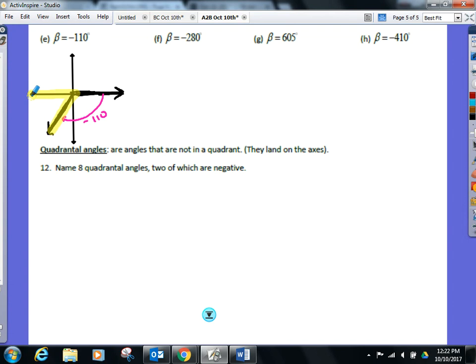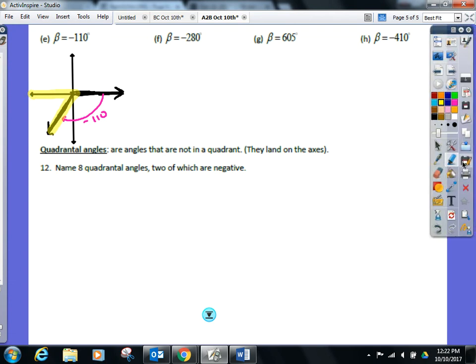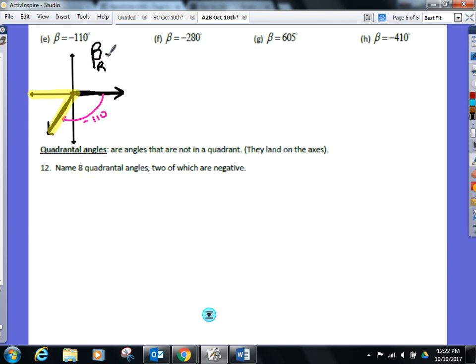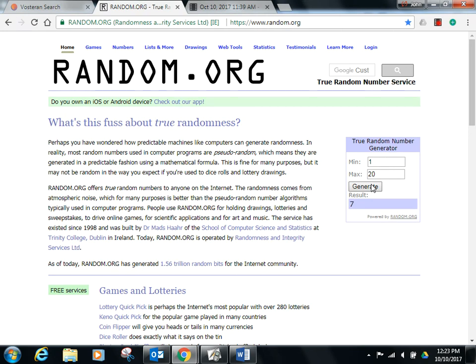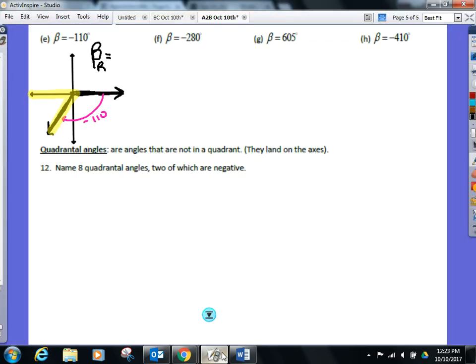There are many different ways here. I am not going to teach one distinct way. Find how many degrees that's going to be. Thoughts on what that angle is there? 70.